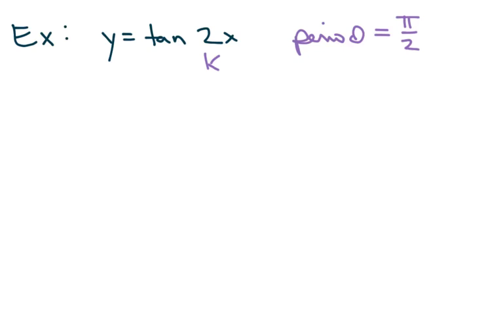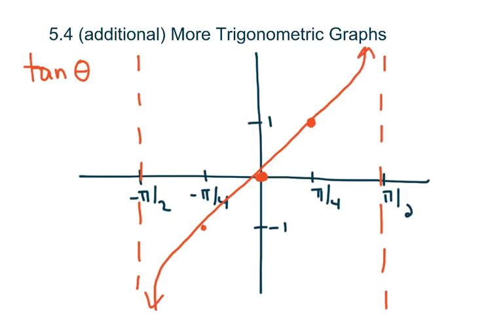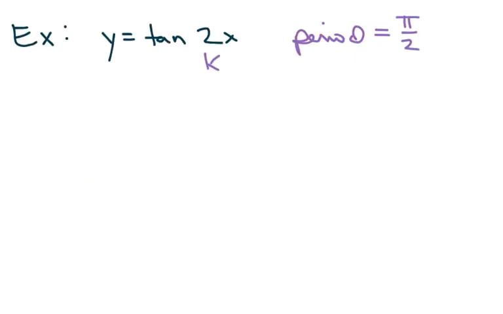Well, remember here that the asymptotes were at pi over 2 and negative pi over 2. That's because the tangent of 90 is not defined, and neither is the tangent of negative 90. So any value of x that'll make this quantity equal to either pi over 2 or negative pi over 2 will result in an asymptote.